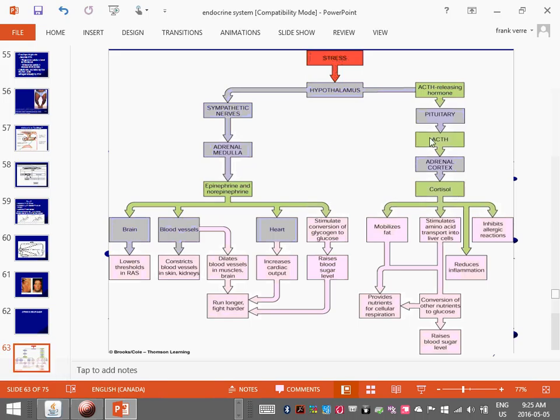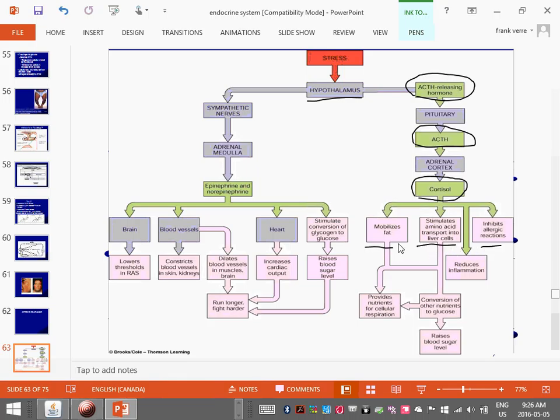And you can see on the right, you'll notice there is the adrenal gland, right? And you can see the levels of regulation. Here's your hypothalamus. Here's that releasing hormone. Here's ACTH, which is also known as corticotropin. Here is cortisol. And you'll notice the effects of cortisol, right? Look at what cortisol does.